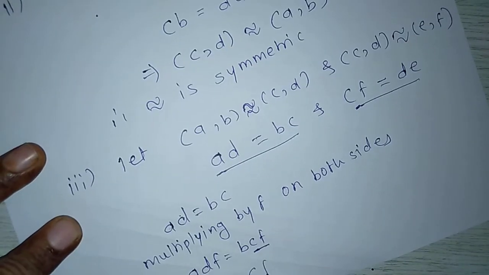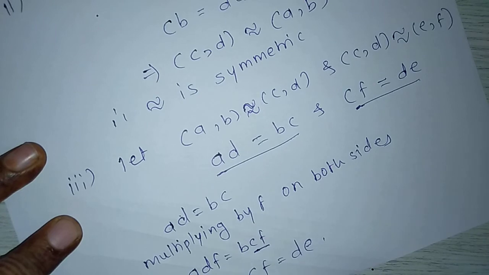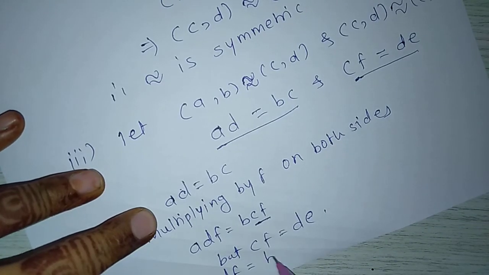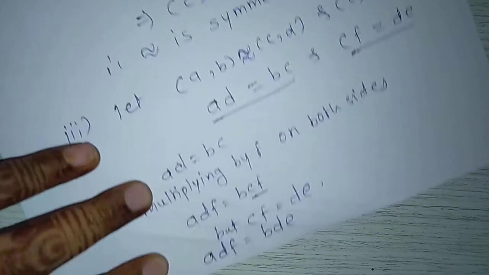By putting cf equal to de, we get adf equal to bde.